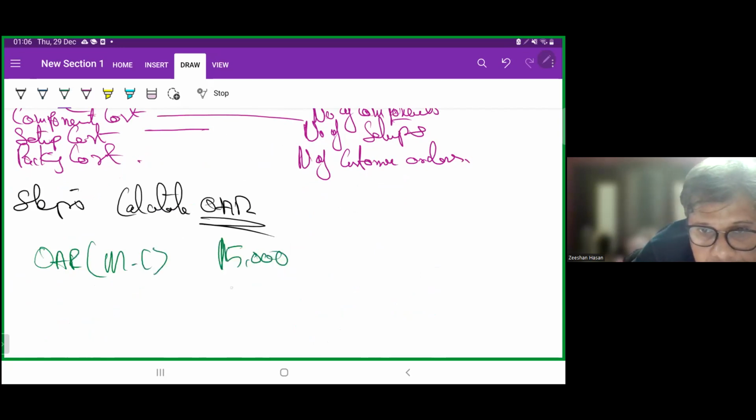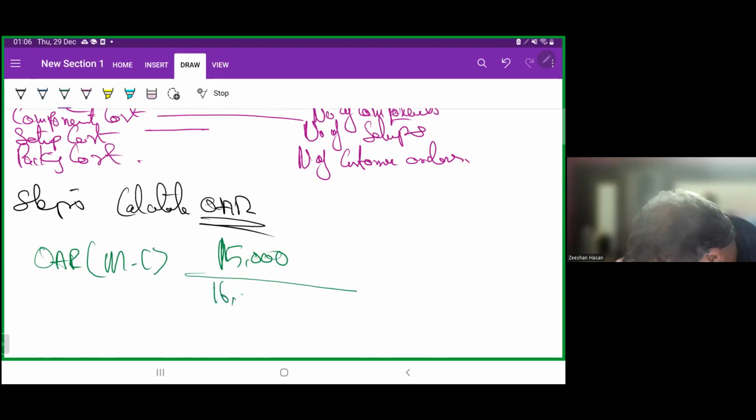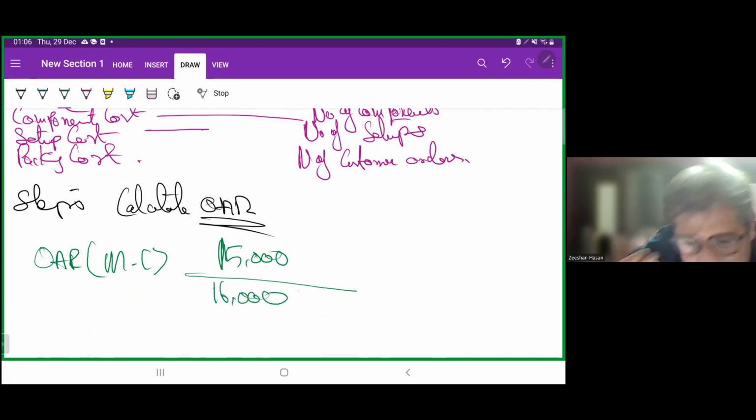The machine cost is divided by 16,000, which is an assumed figure. Definitely you will get this figure in the question. So we will get 0.31 per machine hour.